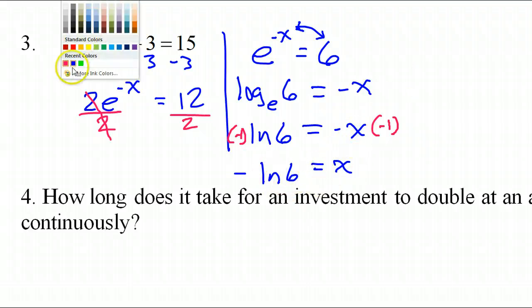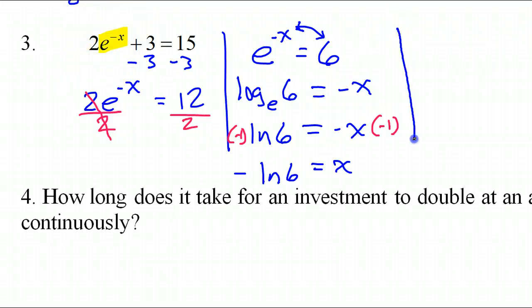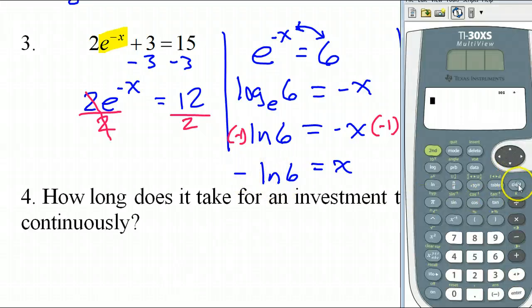So now we are in a position to know the final answer by putting this in the calculator. Negative natural log 6. And there you go, negative 1.79.